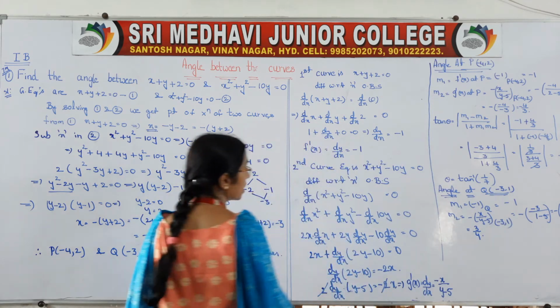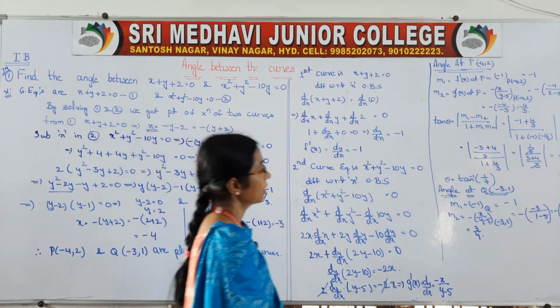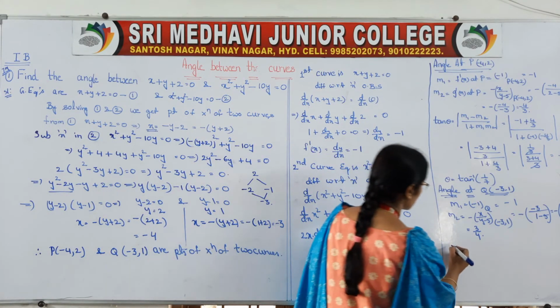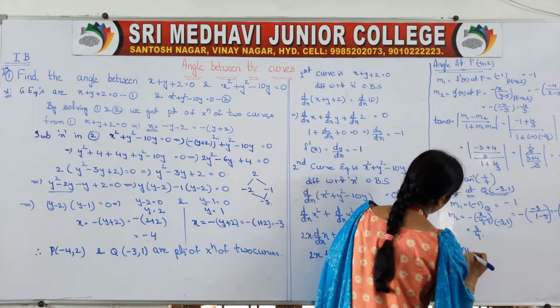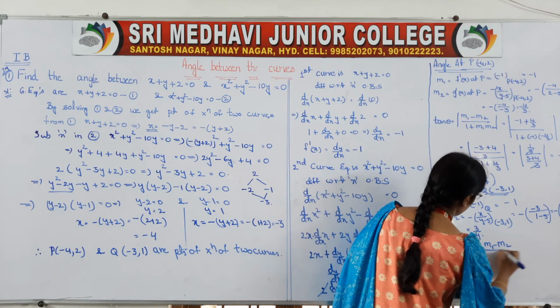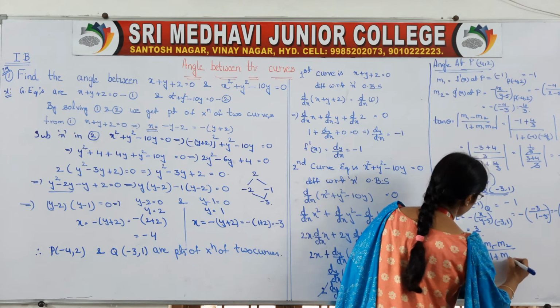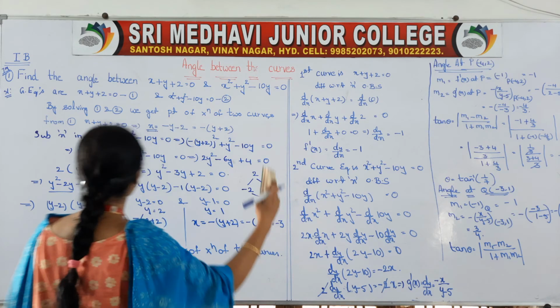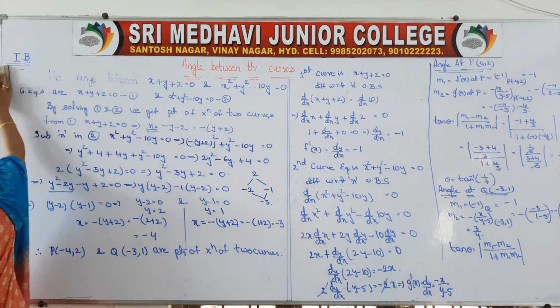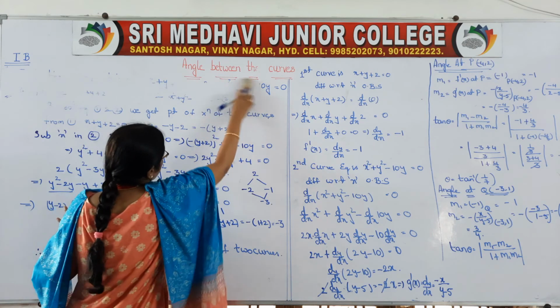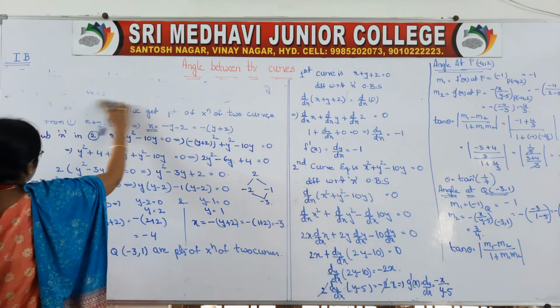Now you find the angle between the two curves at the point Q, right? So tan theta is equal to modulus of (m1 minus m2) by (1 plus m1 m2). How can we substitute the values there?